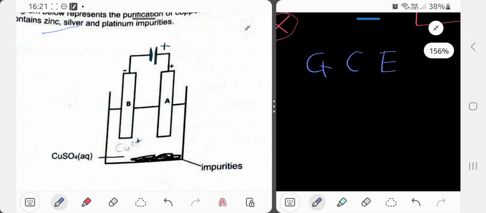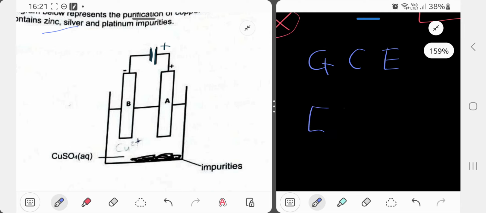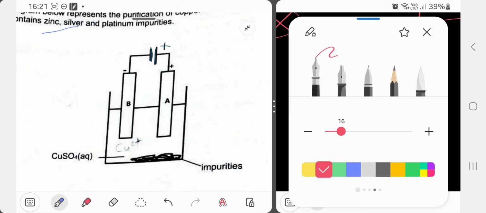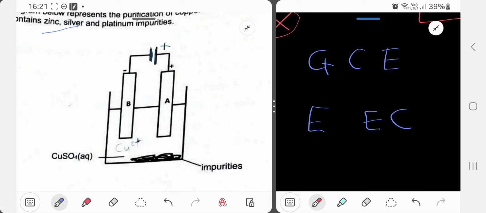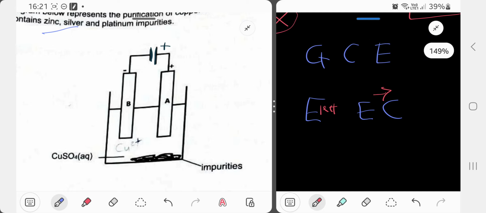And then electrolytic, let's just write the first 4 letters, elec, but because we don't take L's, let's remove this L, okay? What this means is that in electrolytic, we convert electrical energy to chemical energy, right?